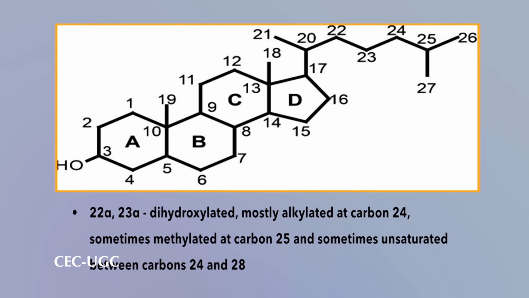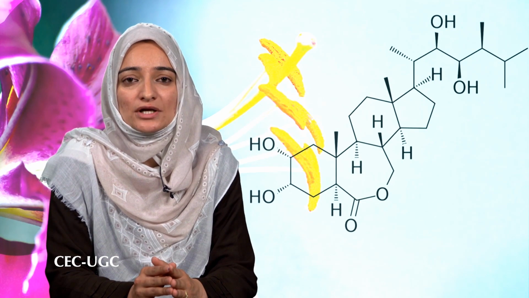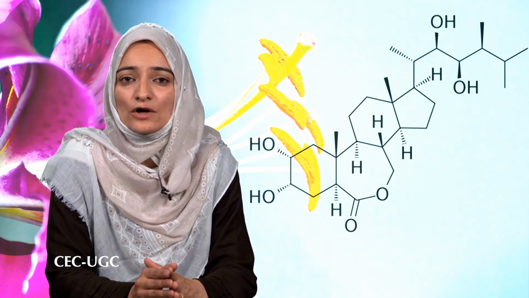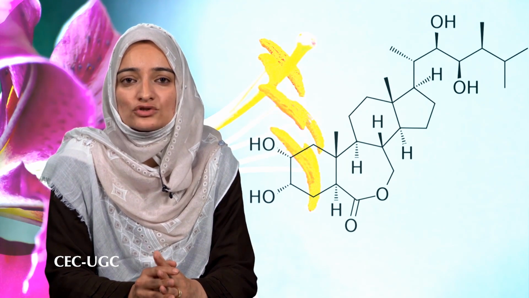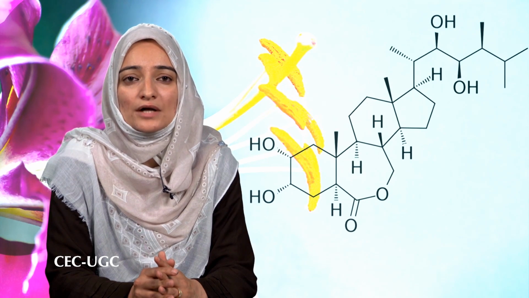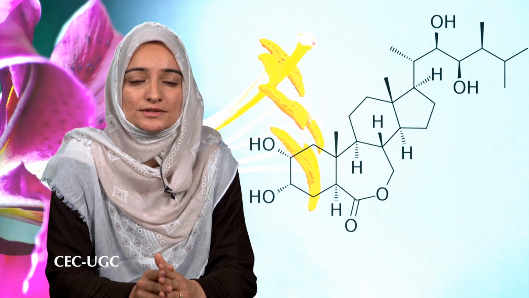Fourth, 22-alpha, 23-alpha dihydroxylated, mostly alkylated at carbon 24, sometimes methylated at carbon 25 and sometimes unsaturated between carbons 24 and 28. These characteristics lead to considering natural brassinosteroids as the 3-oxygenated 5-alpha cholesterol 22-alpha, 23-alpha diols of plant origin, bearing additional alkyl or oxy substituents.